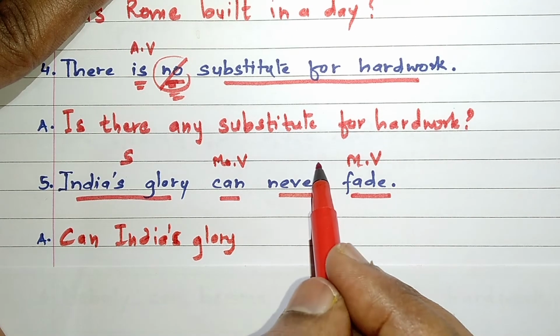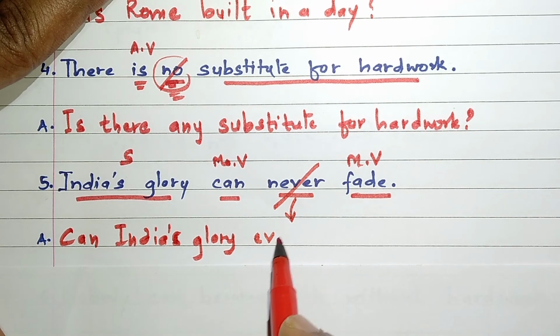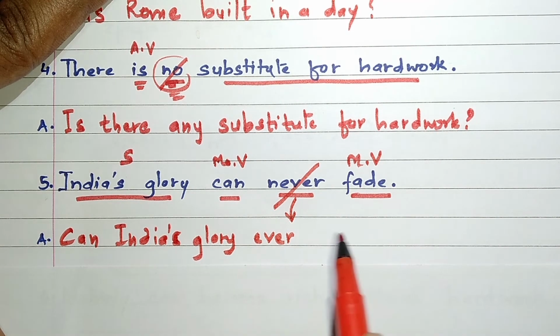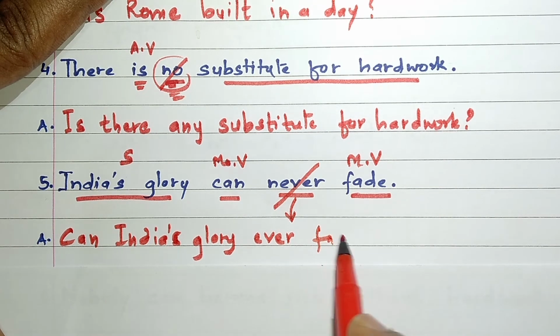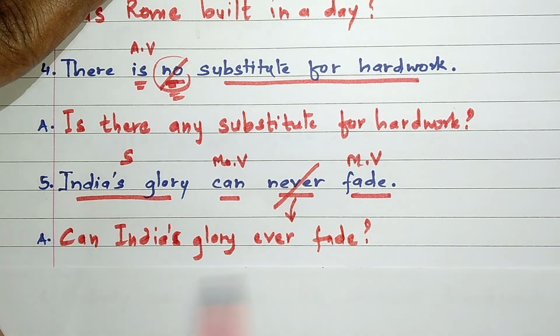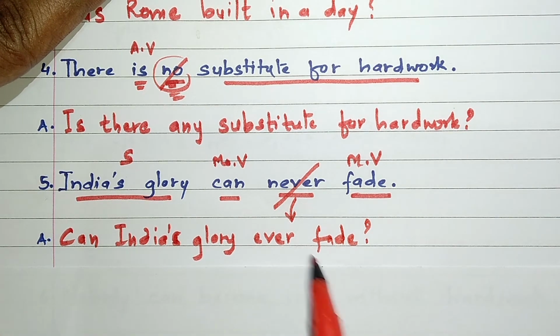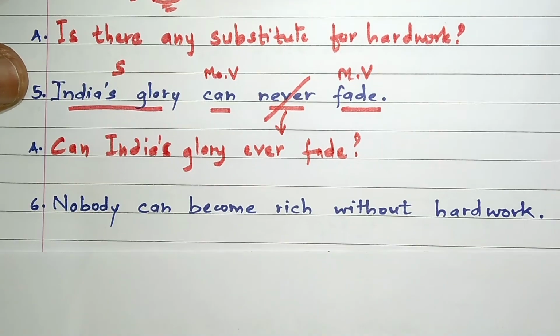Now we have to remove never and replace it with ever, and then write the main verb, that is fade, followed by a question mark at the end. So our interrogative answer is, can India's glory ever fade?